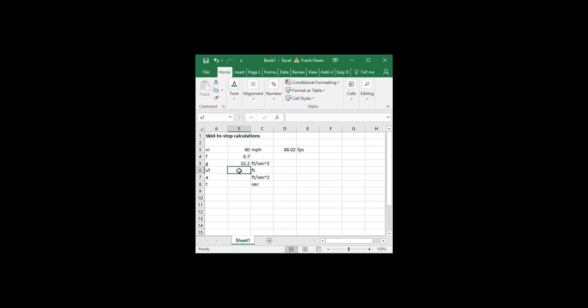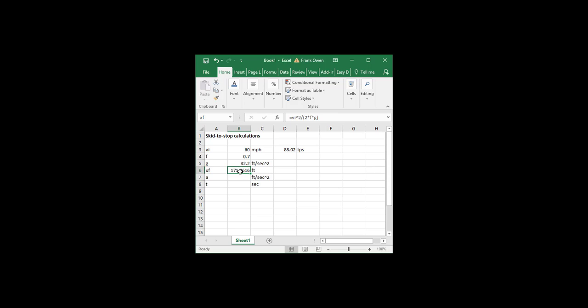And now we will calculate our feet. So we need to look at our formula for feet, and that is VI squared divided by the quantity 2 times F times G. So we put in equals VI squared divided by the quantity 2 times F times G. And it says that we're skidding 171.86 feet.